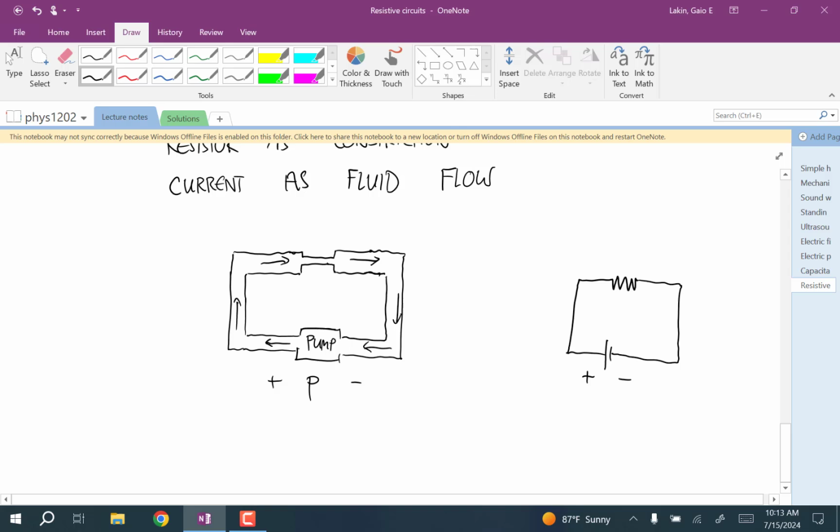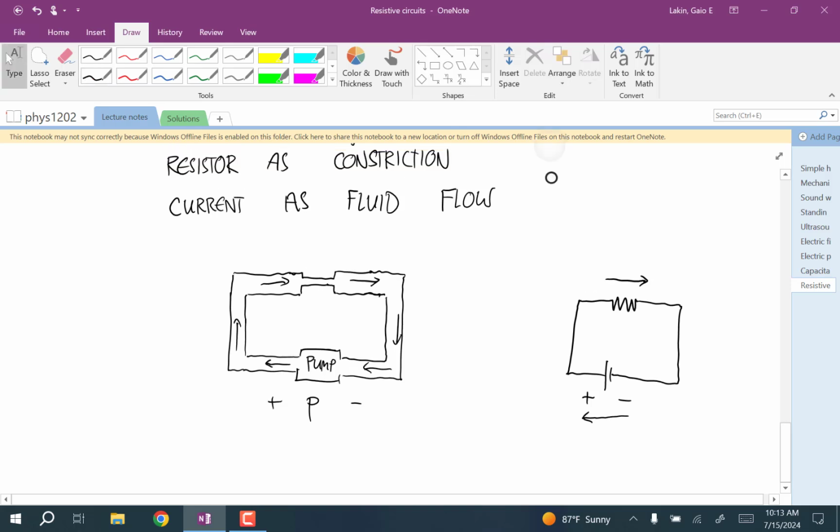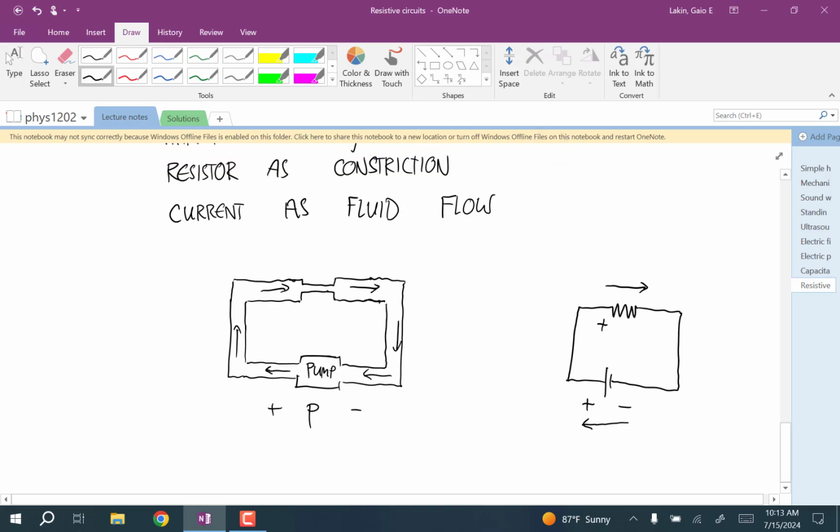And so what this does is it produces a flow of current out of the positive terminal of the battery. And it goes around, and this fluid flow is going to keep going this way. That means that the potential difference has this polarity.